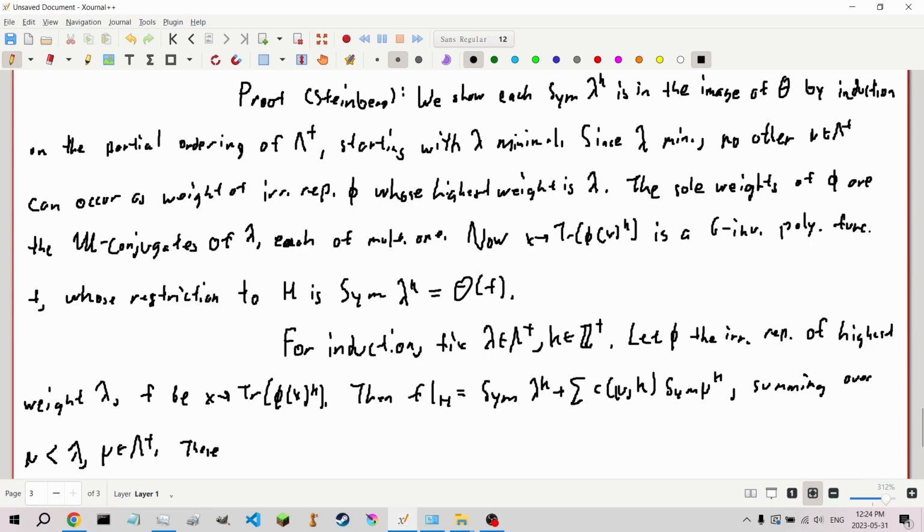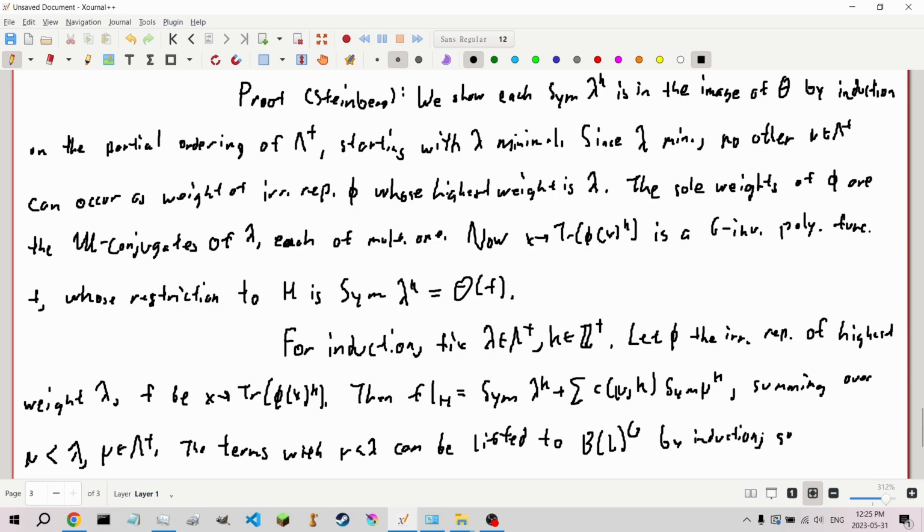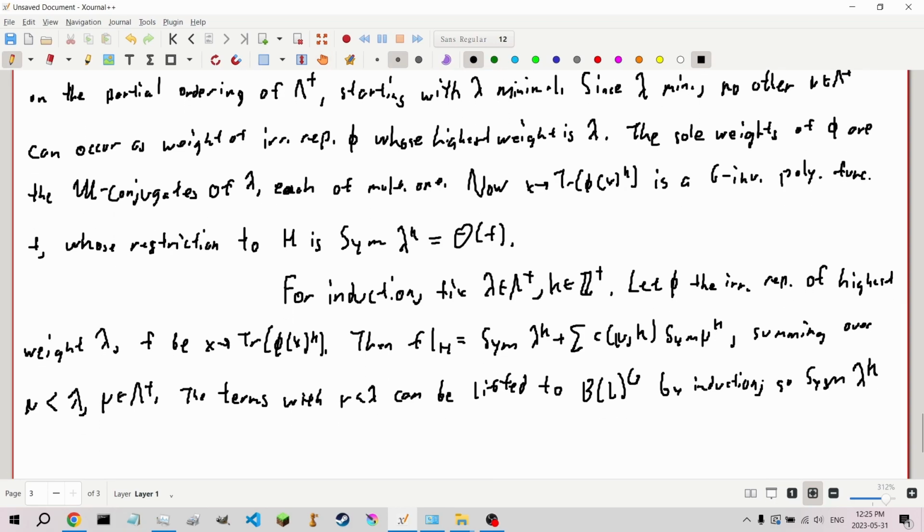The terms with mu less than lambda can be lifted to the inner automorphism invariant polynomials of L by induction. So the symmetry of lambda to the k is liftable.